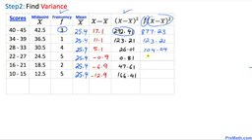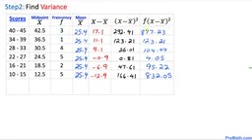The next one is going to be 4.05, and the next one is going to be 95.22, and finally that is going to be 832.05. And now in the next step, we are going to add up all these values in this column.